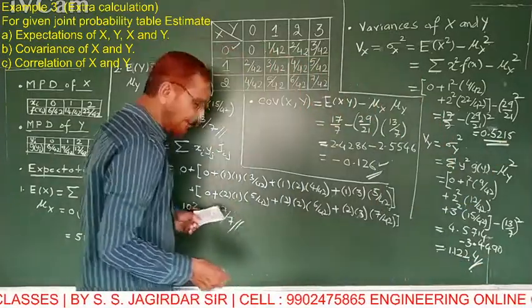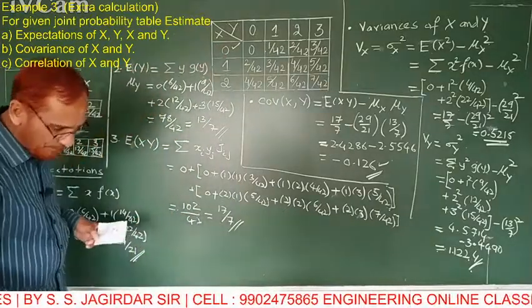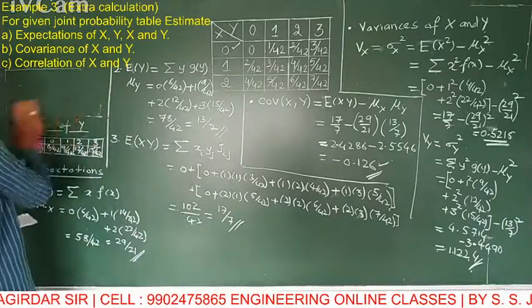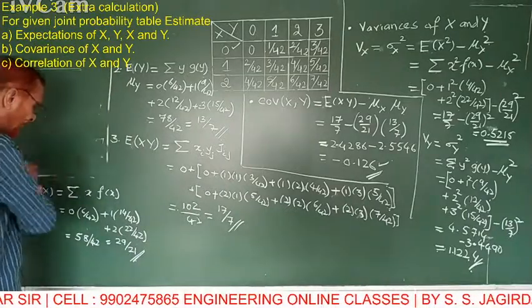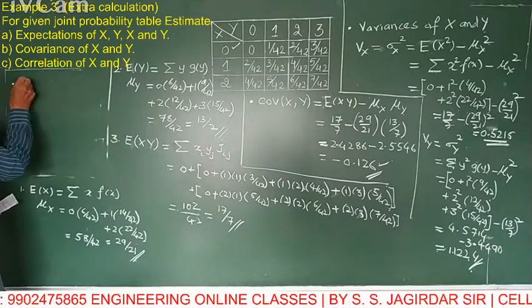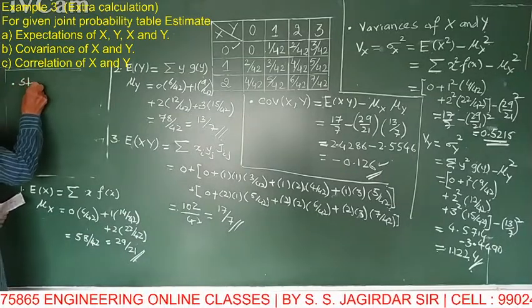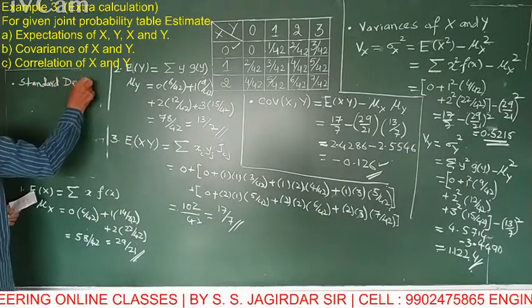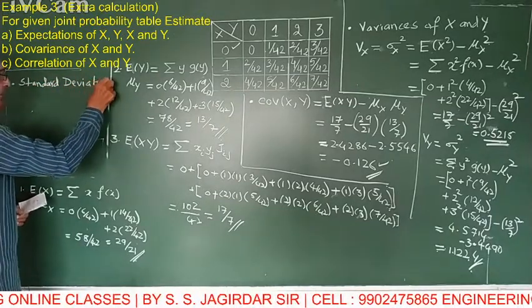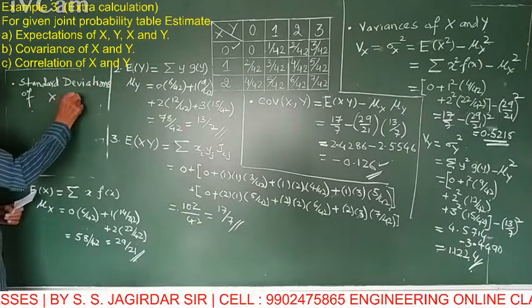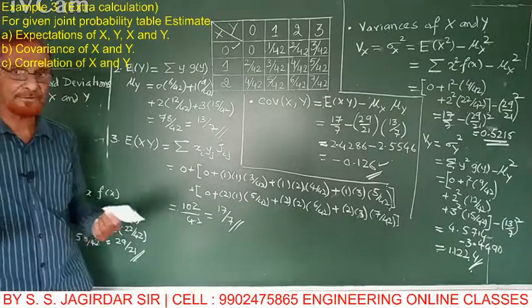When you get the variance of x and variance of y, next, remove this, now this is not required. So after getting the variances, you have to obtain the standard deviations of x and y.